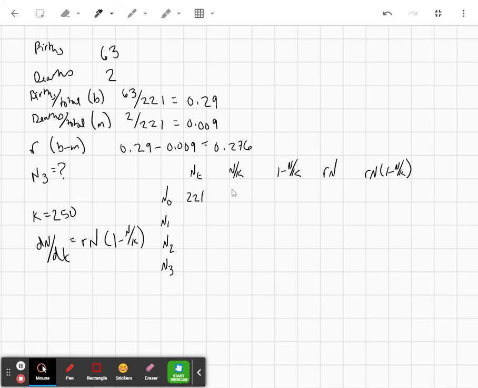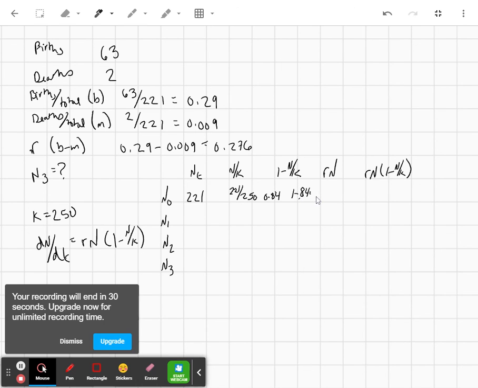Alright, so we're starting with 221, and at time t, 221 divided by K, which is 250, is equal to 0.84. Then 1 minus N over K is equal to 0.116.